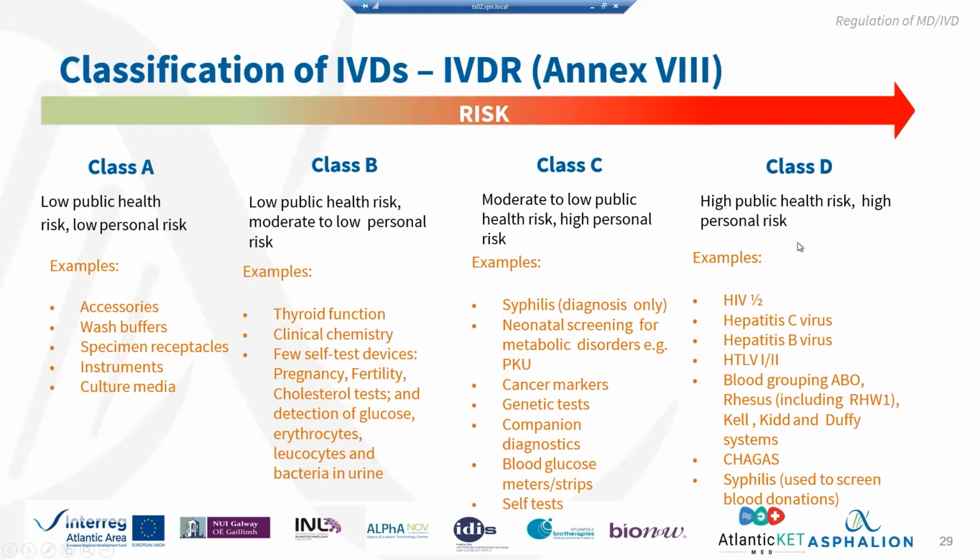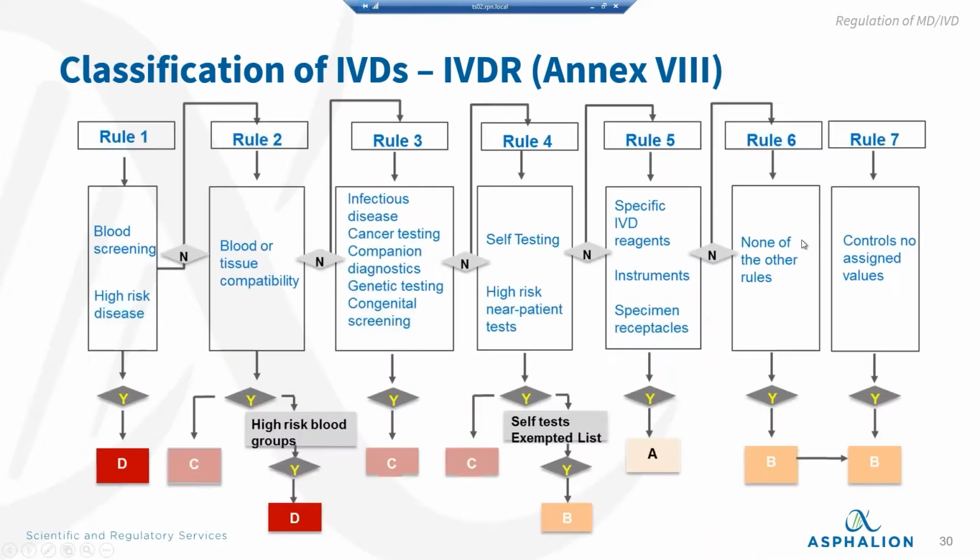Okay. So what are we going to do? We have these 7 rules for the classification. And what we should do when we classify our IVD is follow each of these rules to determine what kind of device we're dealing with. So what we would typically do is go to rule 1 and assess if the device is used for blood screening.